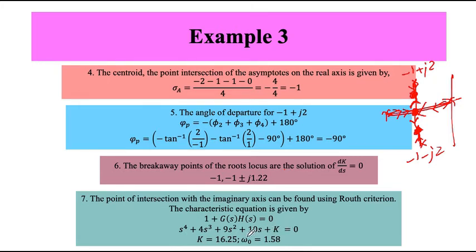I do the Routh table again, and it gives me a k value of 16.25. I will skip all the details. By now you should be expert in computing these. Also omega naught is equal to 1.58.